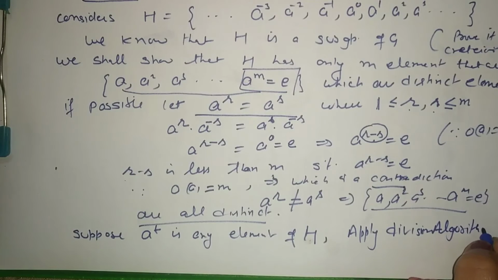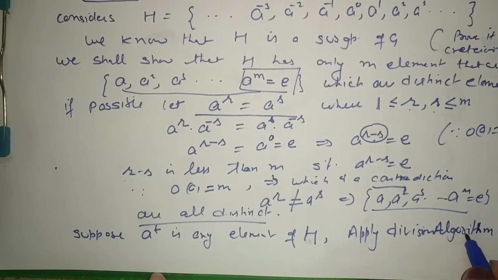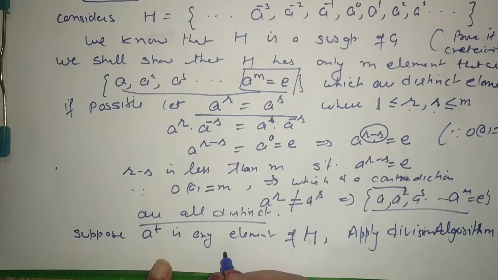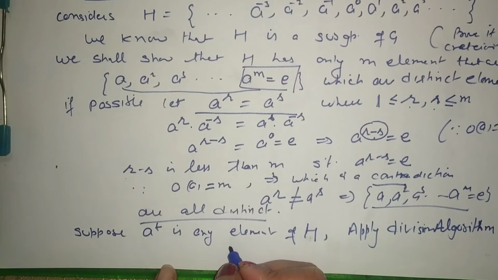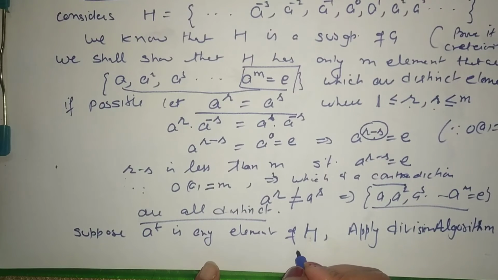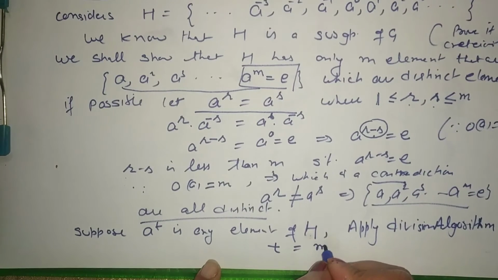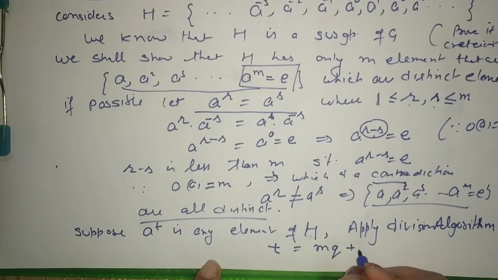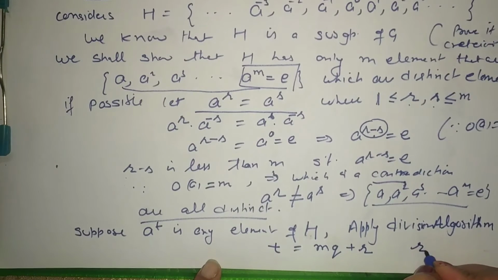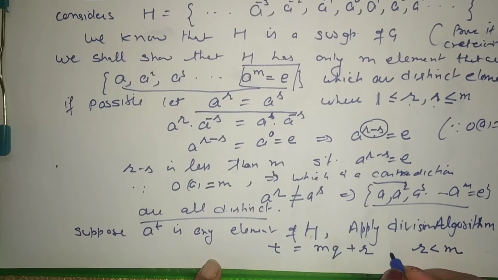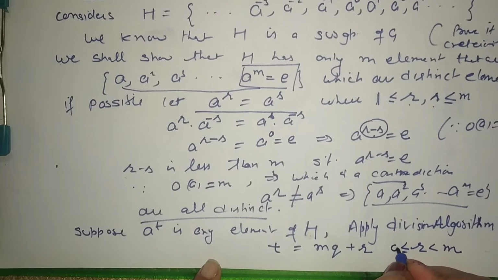What is the division algorithm? The division algorithm is an identity. That means if we have two integers, we can divide them and write the dividend is equal to quotient into divisor plus remainder. So here the dividend is t, we divide t by m and we have some quotient and some remainder, and the remainder is always less than the divisor and greater than or equal to 0.